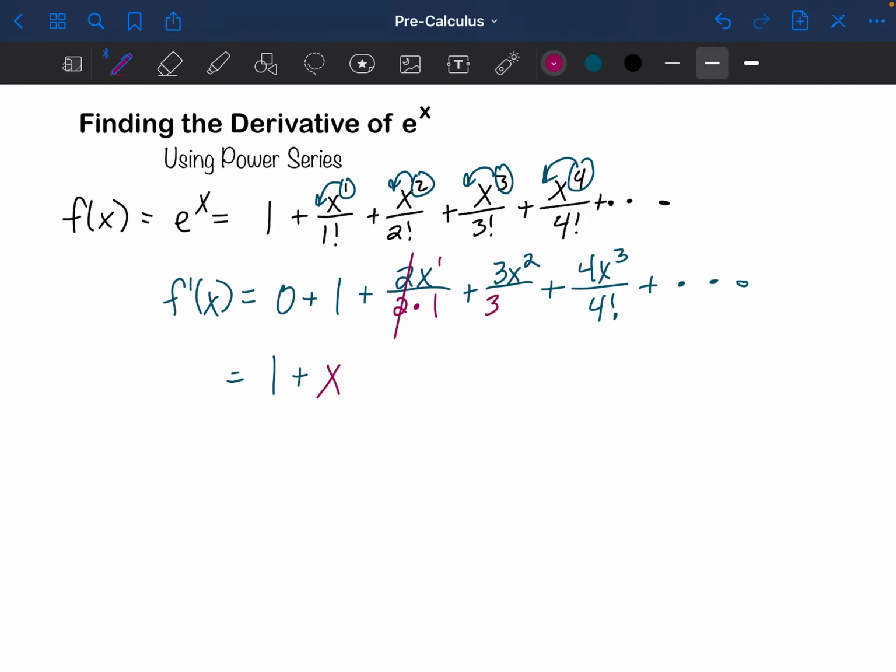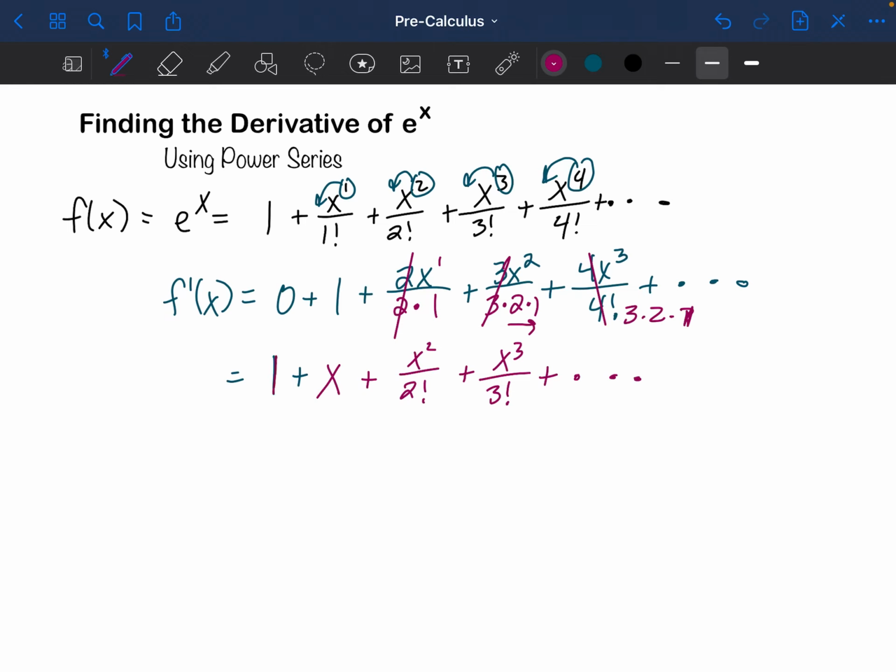That 3 factorial is going to turn into 3 times 2 times 1. Well, the 3's would cancel, and now I'm just left with 2 factorial, plus x squared over 2 factorial. Then, same thing happens with the 4. The 4 is going to cancel, and we're just left with 3 times 2 times 1, which is 3 factorial. X to the third over 3 factorial, and that pattern continues, right?